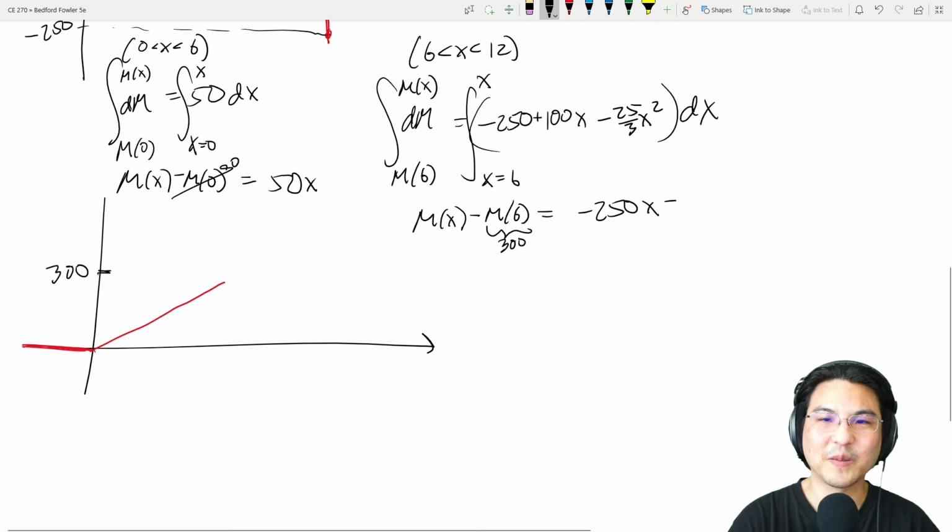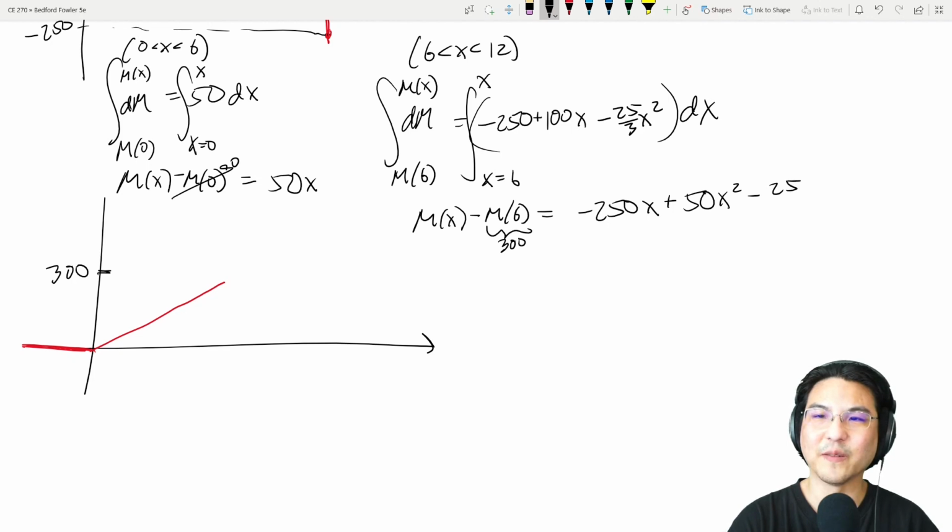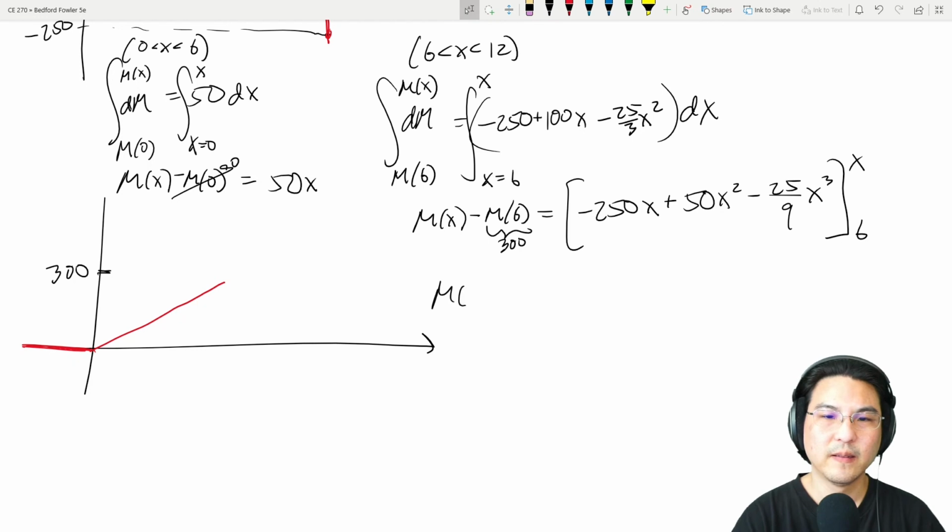Minus 250x plus 100x squared over 2 minus 25x cubed over 3, so that becomes a 9, from 6 to x.